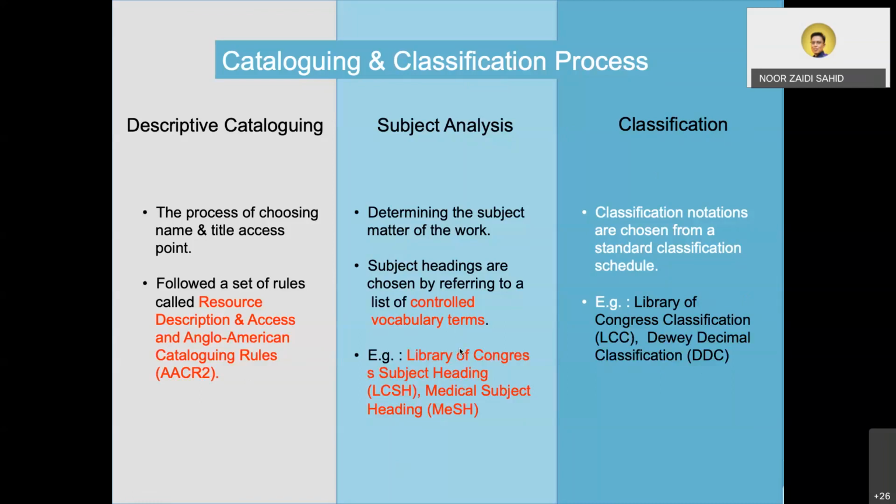Sometimes exam questions ask about these: what is the rule for subject analysis, the manual for classification, for descriptive cataloguing. I hope you can name the process and the rules or standard correctly based on each category.